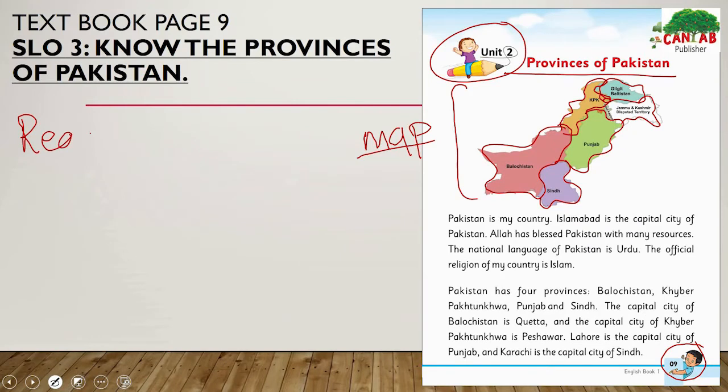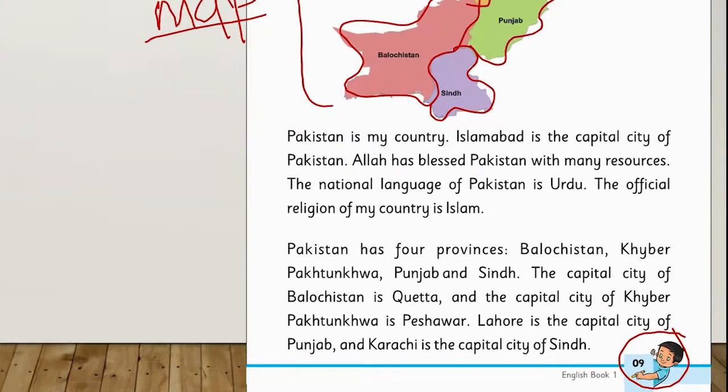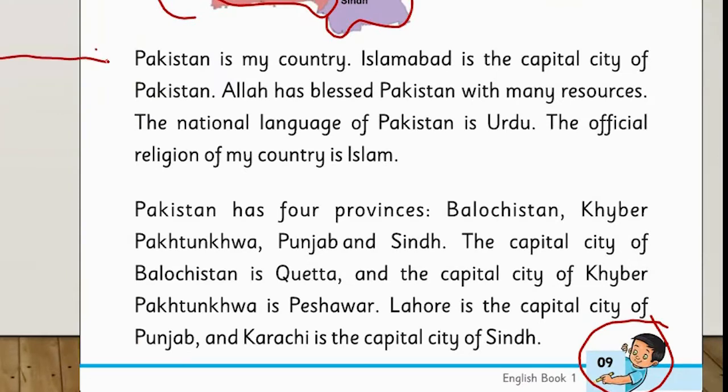First of all, we are going to read this page line by line to understand what this unit is about, and then we will get to know about the provinces of Pakistan. Kindly follow my instructions on page number 9 and look at the arrow where I am pointing.